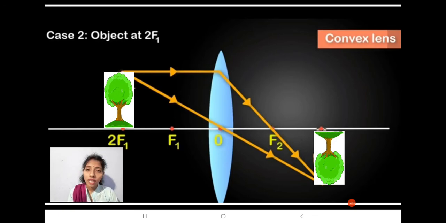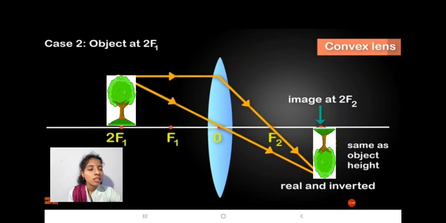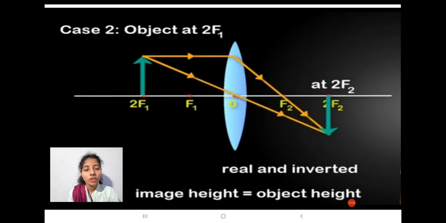Yes, and we are observing that the object height and image height are both equal here, the same as the object height, and this is a real and inverted image. The position of the image is at 2f2. You can see here the image height is equal to the object height.